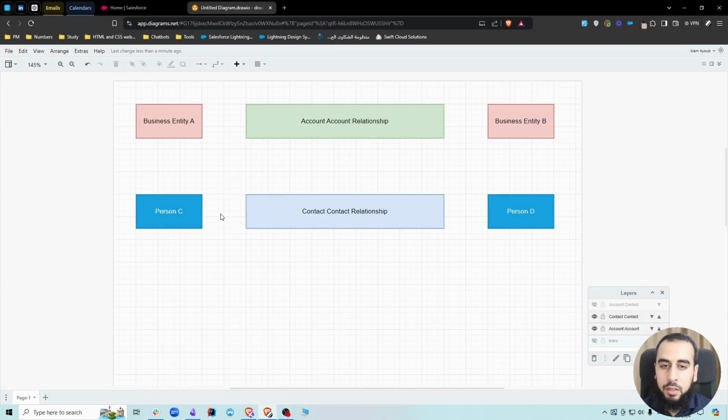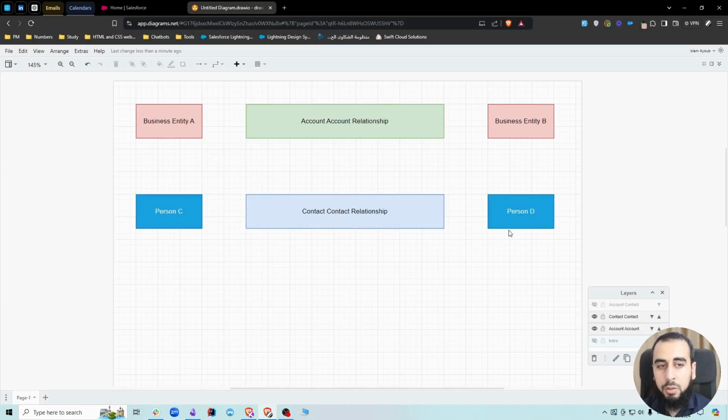The way this works in Salesforce, and I'll show you this in practice in a future video, is that you navigate to any of those people's pages or business pages. You go to the page of person C and look for the contact relationships, and it's going to show you all the people that are related to this person.